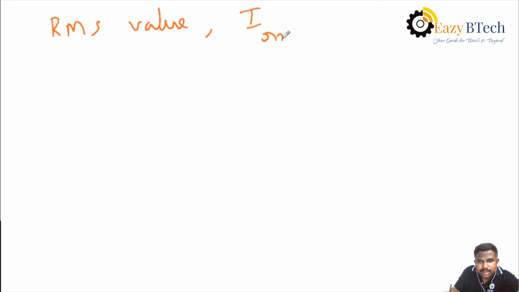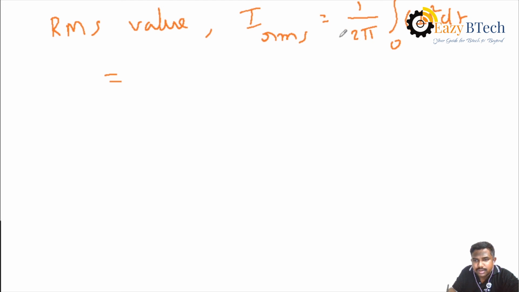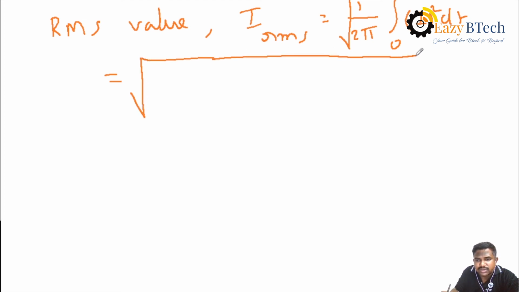That is IRMS. What is the formula here? That is the square root of 1 by T, 0 to T, f of t whole square dt. The function is i. Here, for the square waveform, the function is whole square, apply the limits. The square waveform has two values: from 0 to pi, what is the value here?